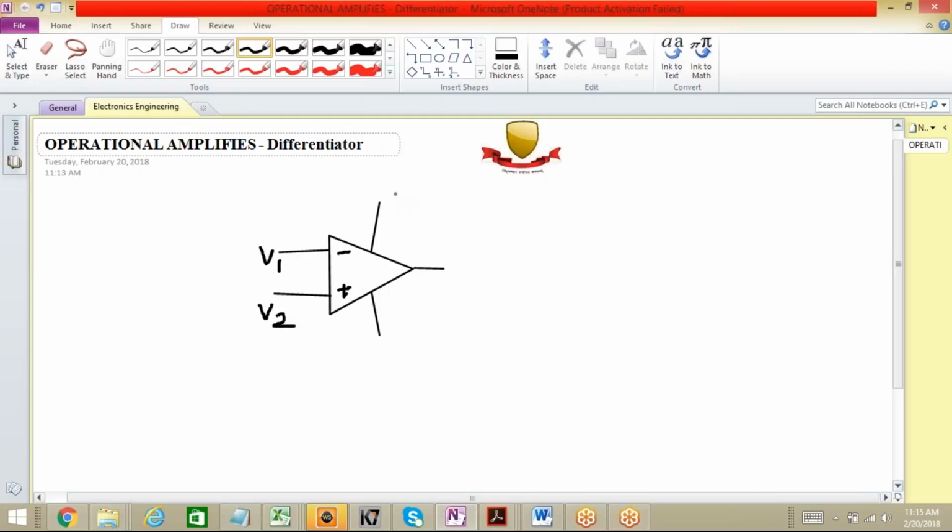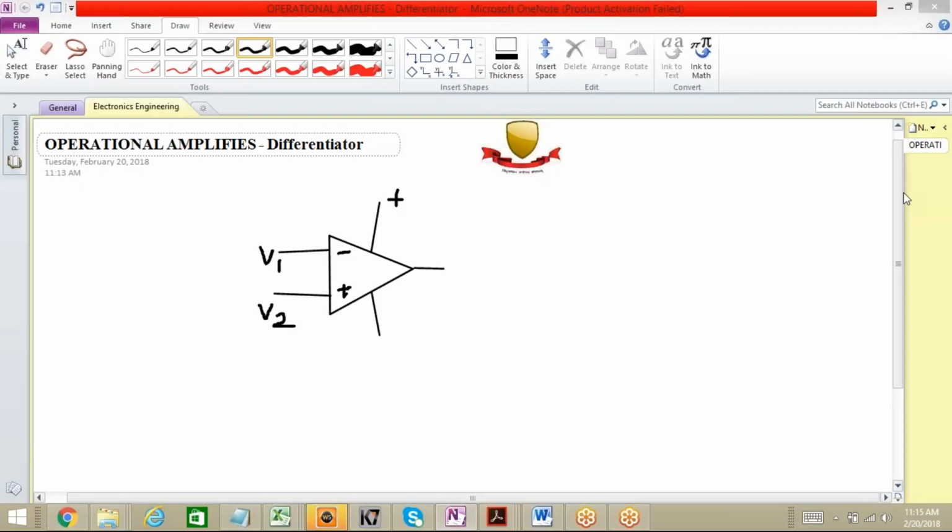Then we have a supply voltage over here, positive V supply, and here we have negative V supply.